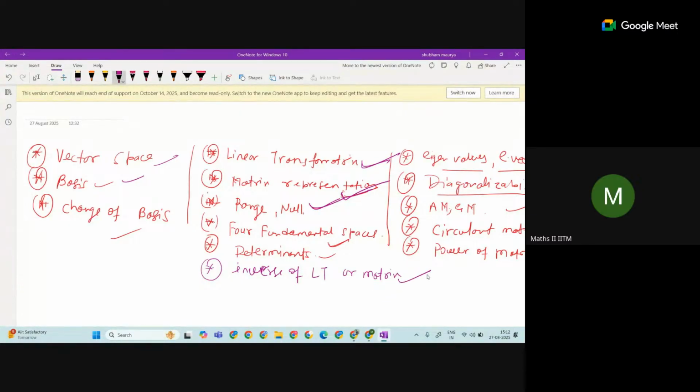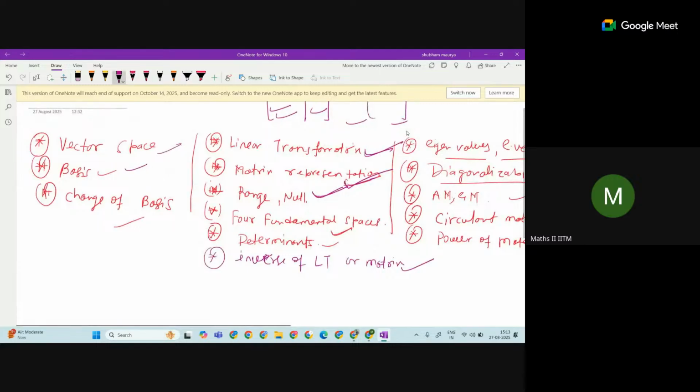However you find the inverse doesn't matter. Either write the matrix on one side and identity on the other, then change it to identity so the second part becomes the inverse, or find the minors and cofactors, then the adjoint, and then the inverse. It doesn't matter how, but you have to find the inverse at least.